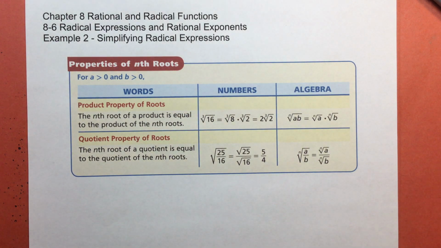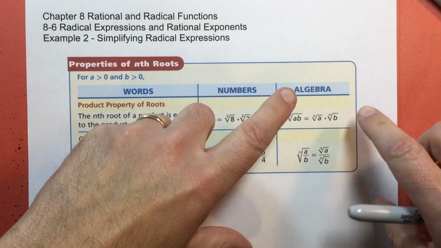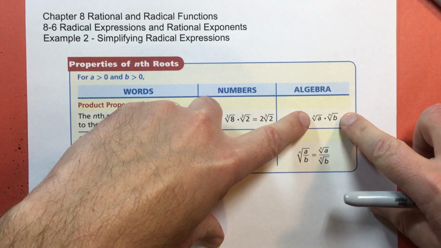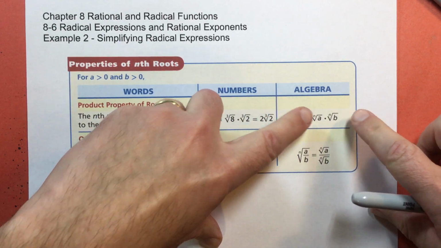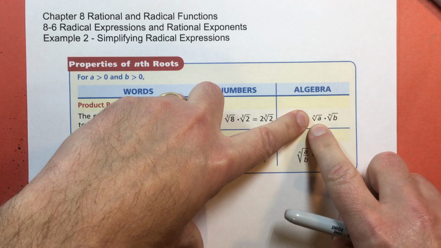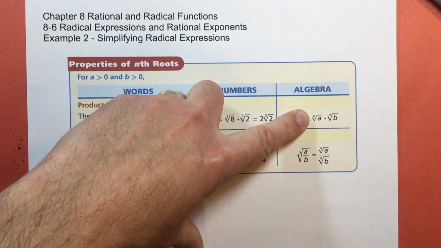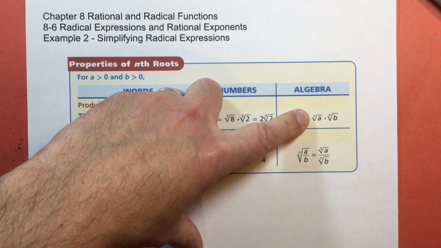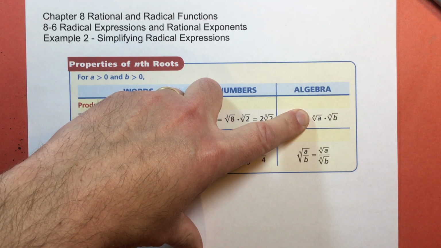So we're going to talk about properties of roots. One thing is, I don't know why they do it this way, I'm going to go backwards. If you have the nth root of a number, and n just stands for, it could be the square root, so n equals the hidden 2, cube root, fourth root, fifth root, whatever.